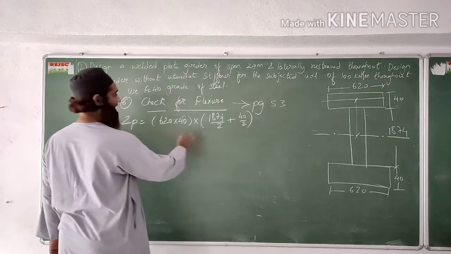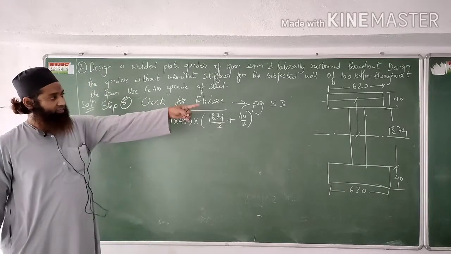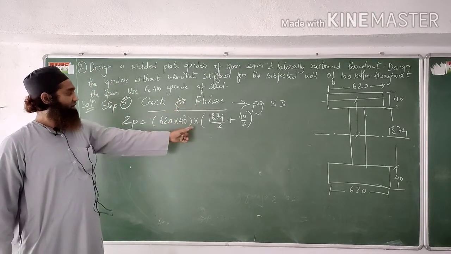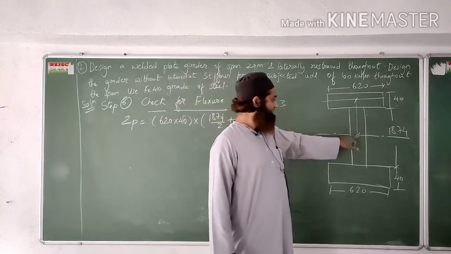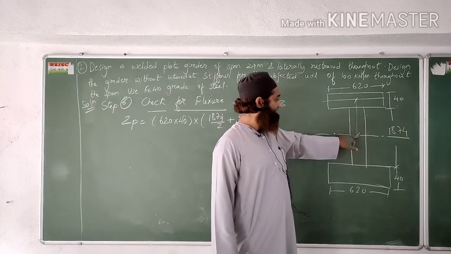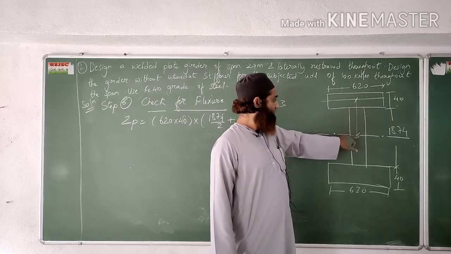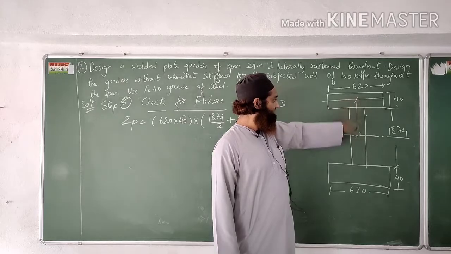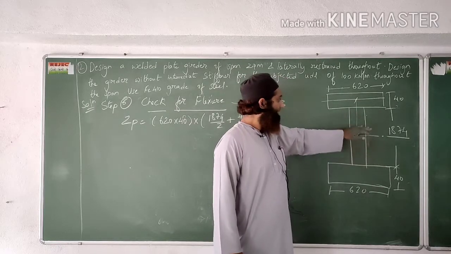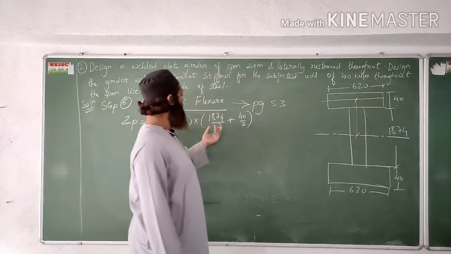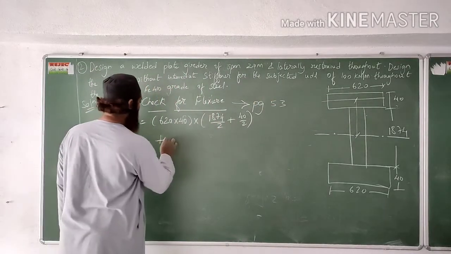Okay, this is clear. Area of flange is 620 into 40. How did I get 1874 by 2 plus 40 by 2? We'll have to see the CG from the center of the I section to the center of this flange. That is 1874 by 2 plus 40 by 2. Now plus area of web.